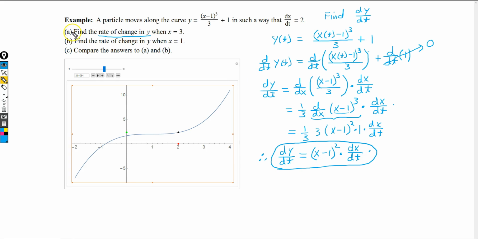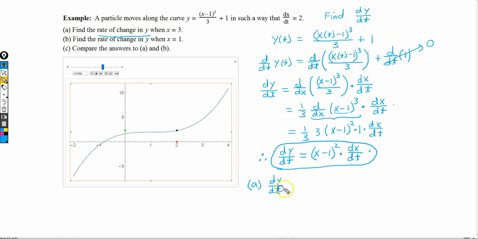And now we can answer the three parts up here. For part A, we want to find dy/dt when x is equal to 3. We'll indicate that x is equal to 3 like this, that's what that little line means, when x equals 3. And that is going to equal, now we'll put the 3 in for the x up here.